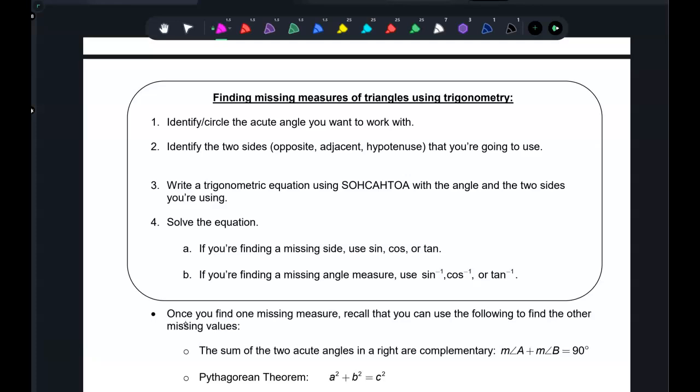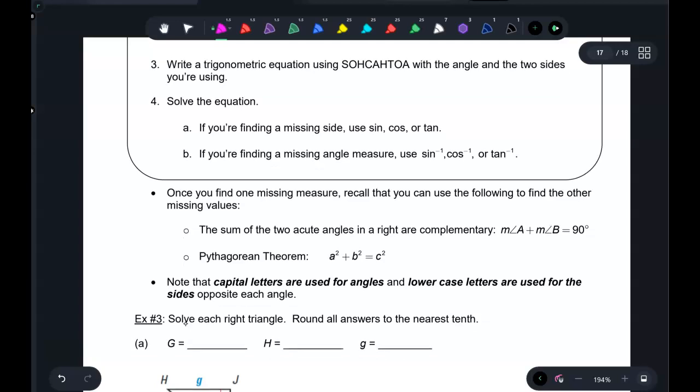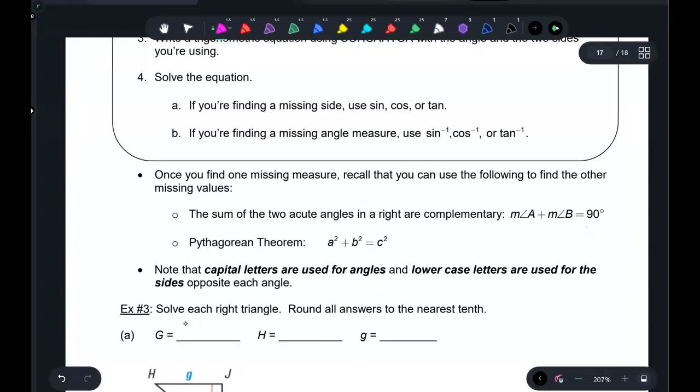I just kind of put the steps down here. What we're going to do is solve right triangles, which just means we have to find any kind of missing measure. Let's review real quickly. How do we find all the angle measures in a triangle?